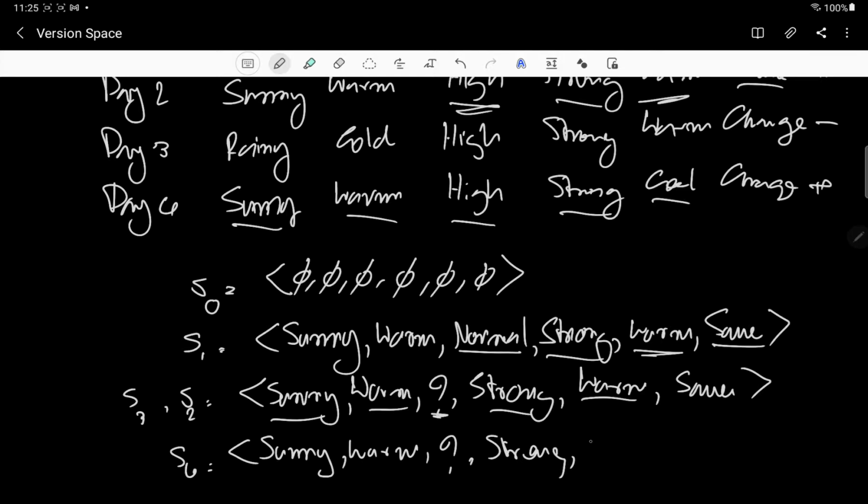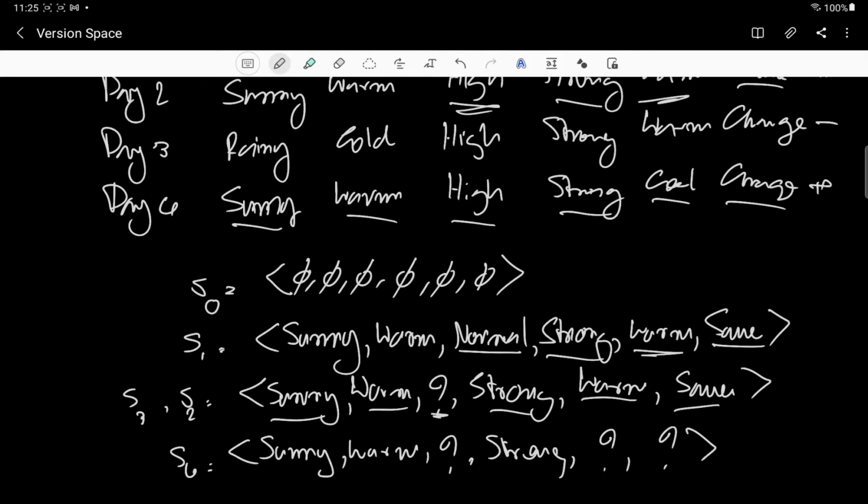Warm and cool, guys, how can we change it? How can we change warm into something that can cover both warm and cool? We have to change it to don't care. And the last one, same and change, so we have to change same to be change, right?